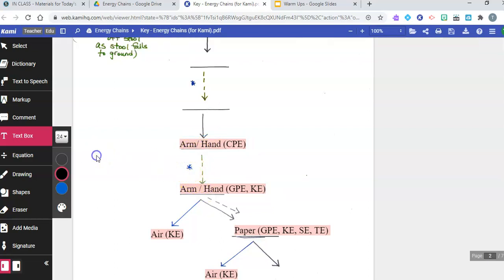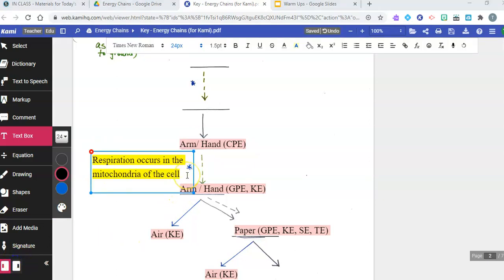And that is why we have an asterisk. The star is there to remind you of a very important process called respiration that we have learned before.